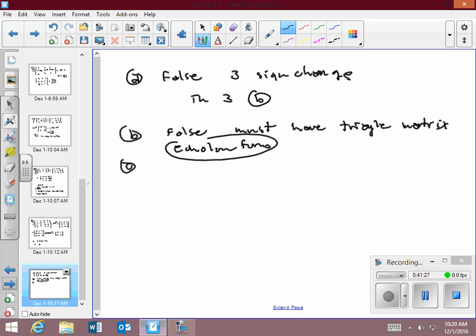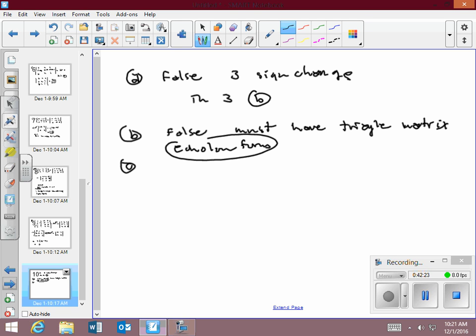I think if you had a column of zeros, your determinant would be zero. A row of zeros, I don't think so.